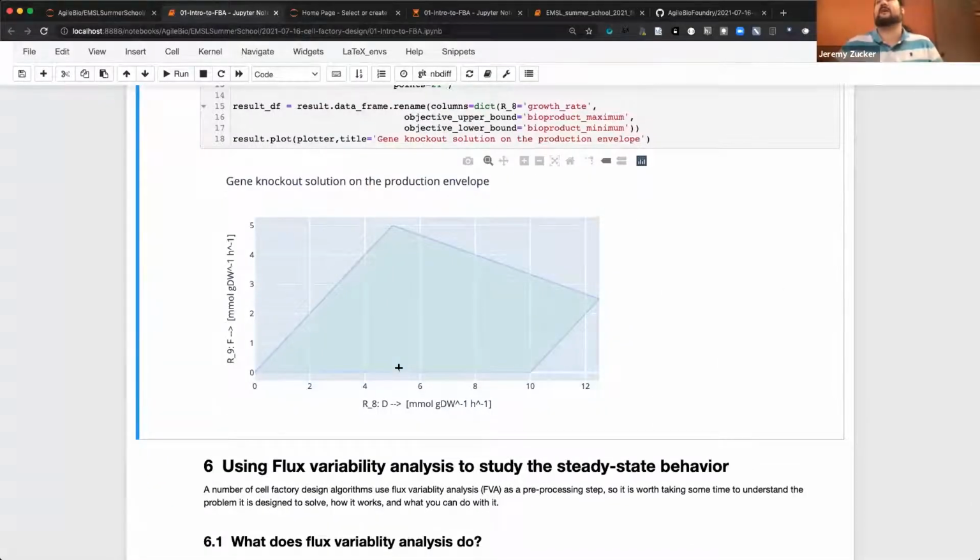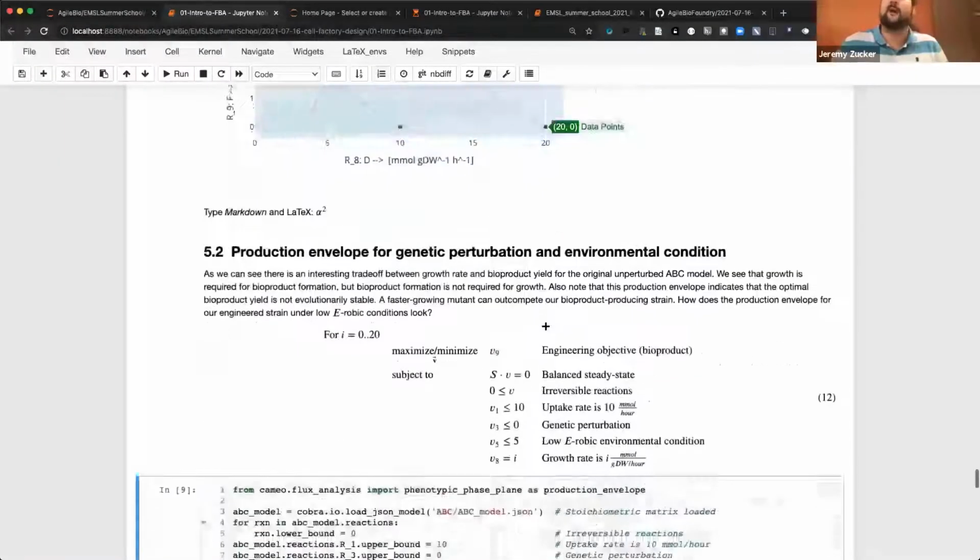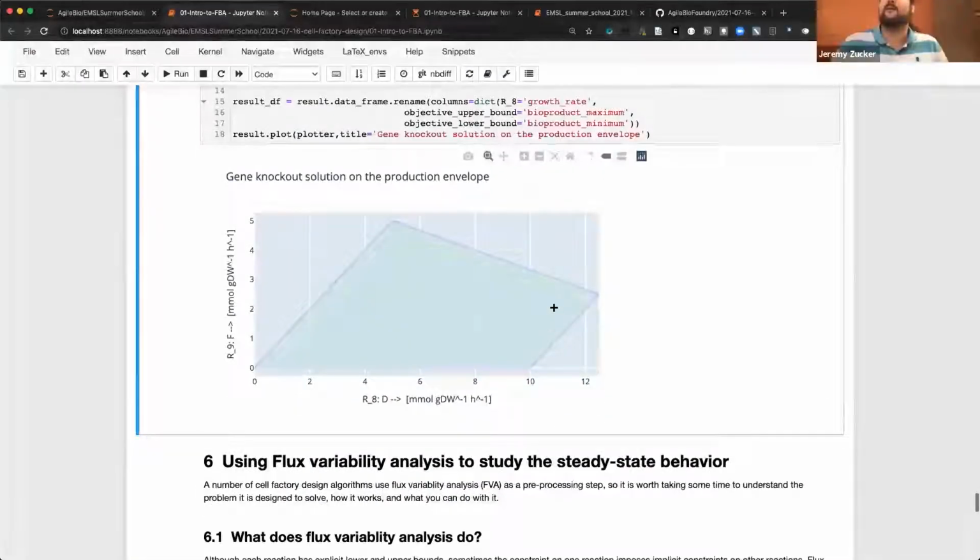Notice what's interesting here is that whereas beforehand, as you achieved optimal growth rate, you could get 0 bioproduct, now the optimal growth rate results in a non-zero amount of bioproduct. In fact, it's about 2.5.